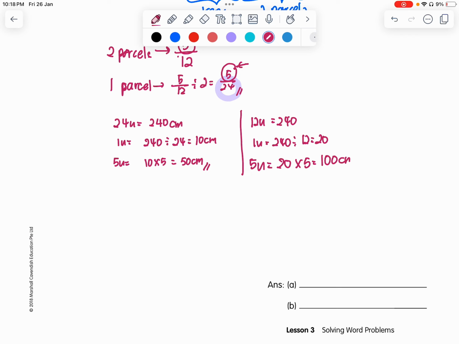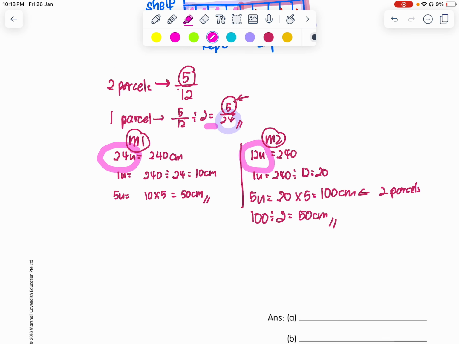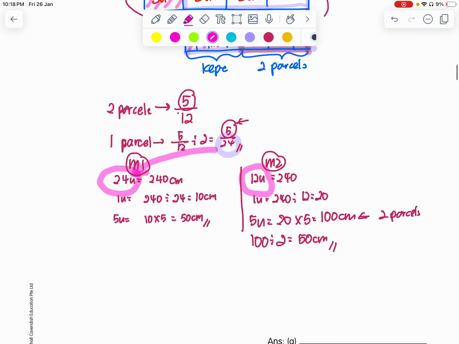This 100 cm is meant for 2 parcels, so to find 1 parcel, it will be 100 divided by 2. You will end up with the same answer. This is method 1 and this is method 2. They will give you the same answer, just that you are using a different base for your units. Just bear in mind why it is 24 units: it is because I already subdivided this. That's it for this question.